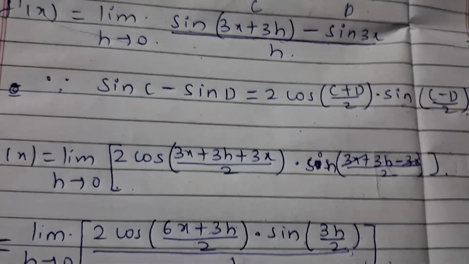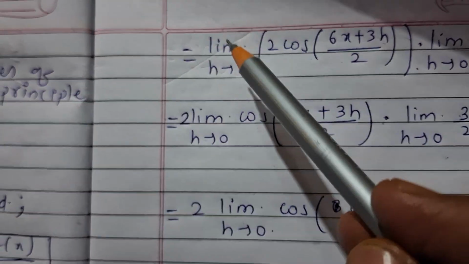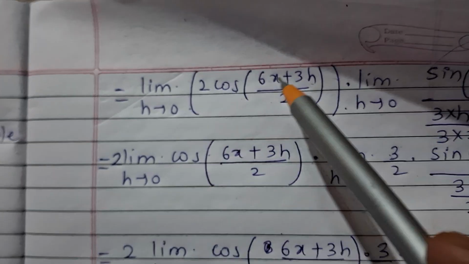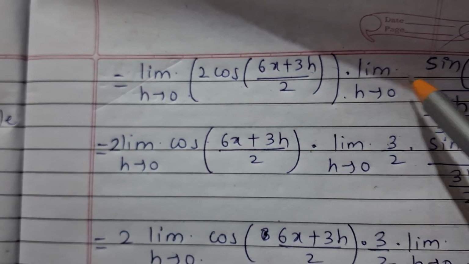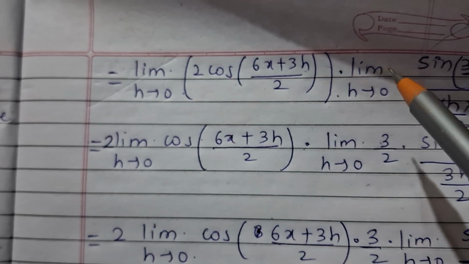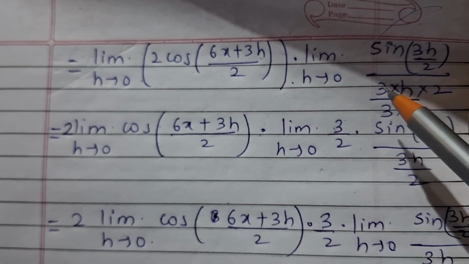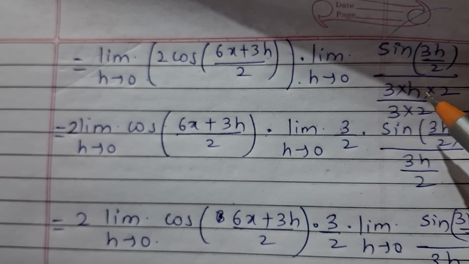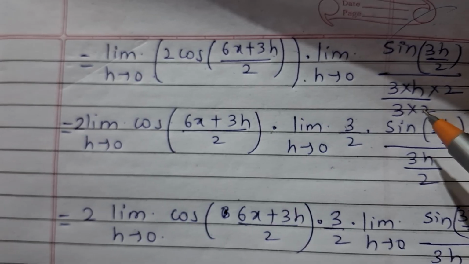Good. Then we write the limit h tends to 0 of 2 cos((6x + 3h)/2), the same values, and now separate the limit. Then limit h tends to 0 of sin(3h/2) over h. Now h is there, so h upon 2 has to be fixed.